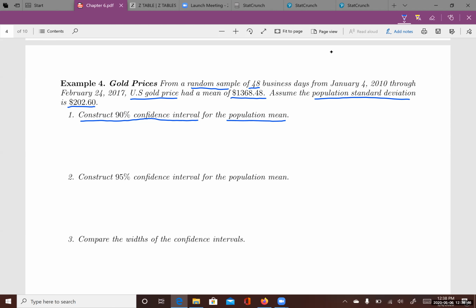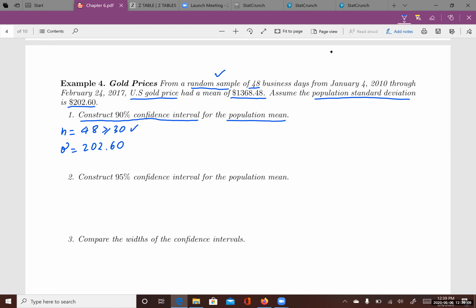First, we need to verify all the conditions. Is the sample random? Yes. 48 business days means n equals 48, so it's at least 30. Yes. Is the population standard deviation known? Yes, sigma is 202.60.